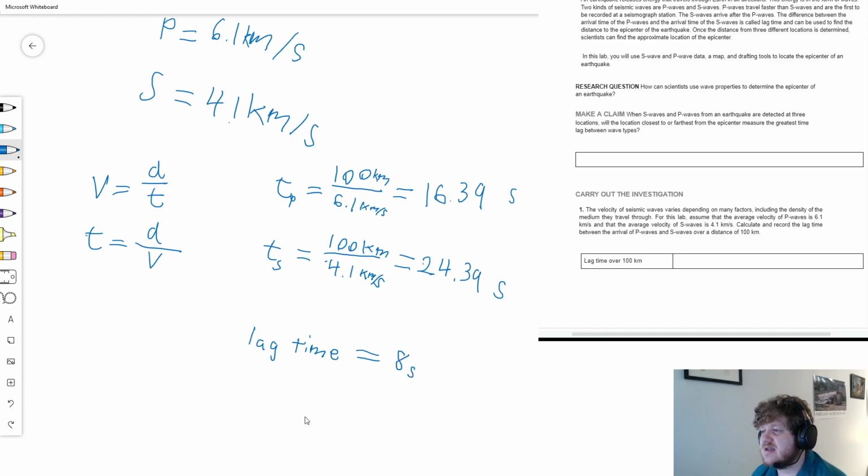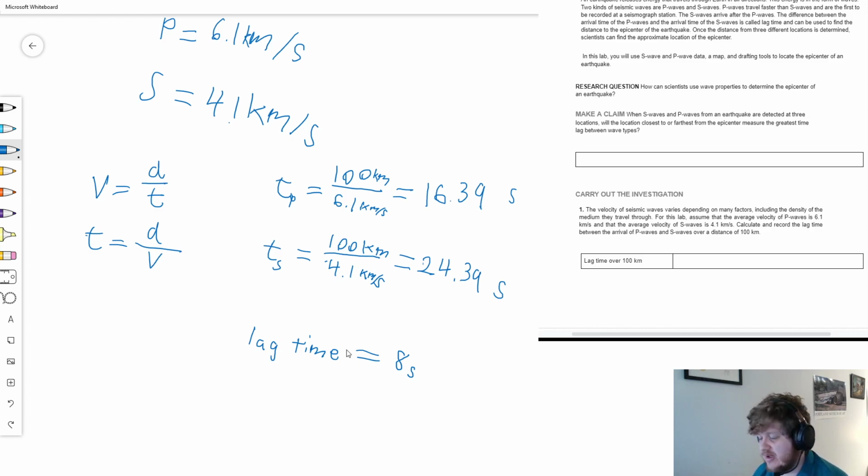There's 8 seconds of difference over 100 kilometers. What that means is that if the earthquake was 100 kilometers away, the P wave would hit, and then 8 seconds after the P wave hits, the S wave would hit.